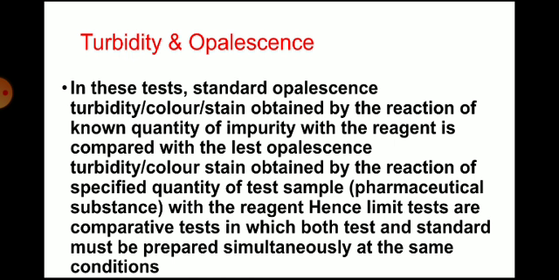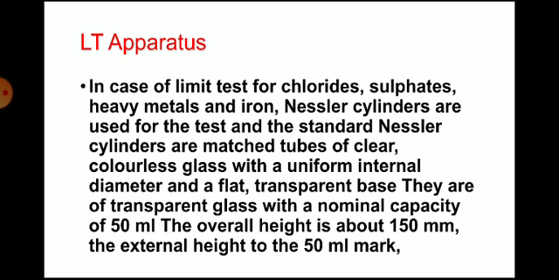This is the reaction of a specified quantity of the test sample with reagent. The limit test is a comparative test in which both test and standard must be prepared simultaneously under the same conditions.